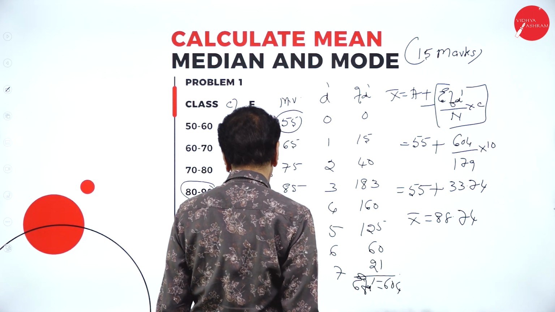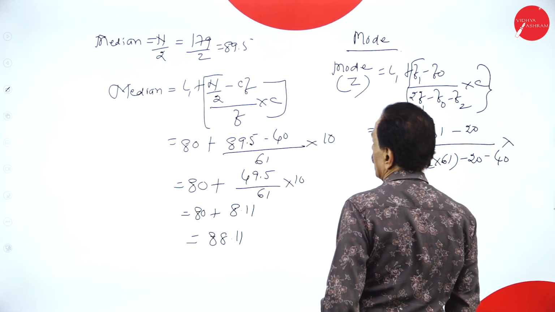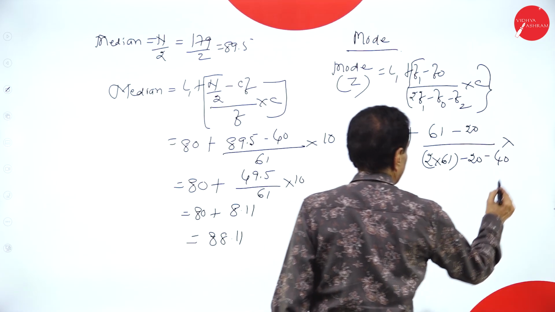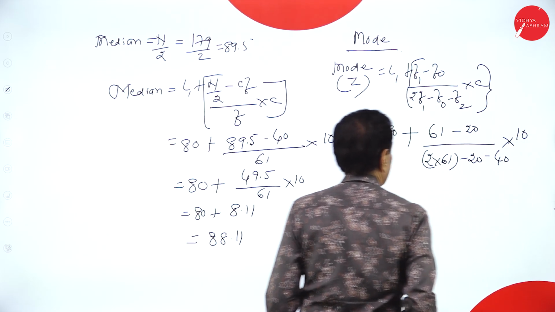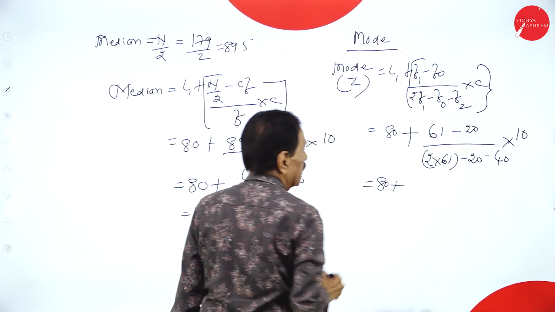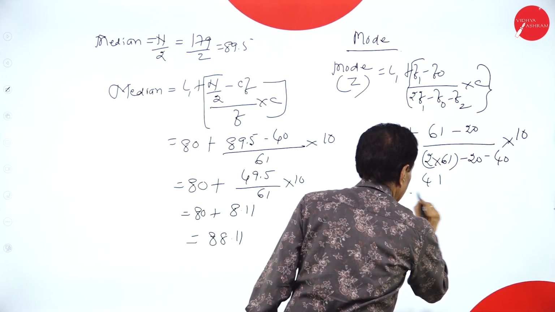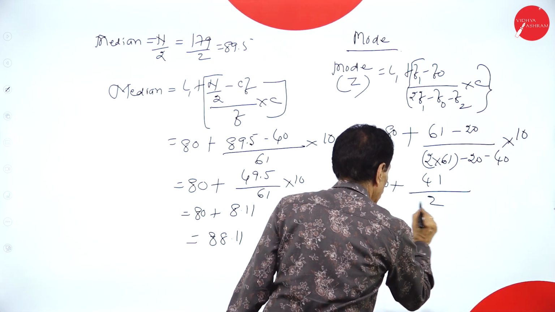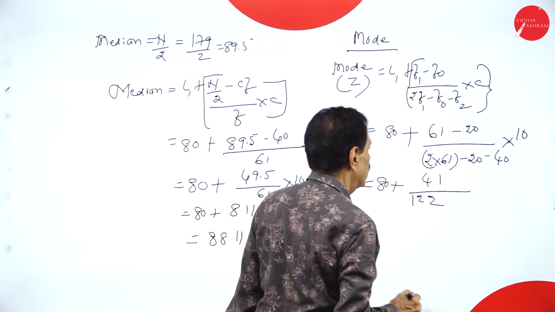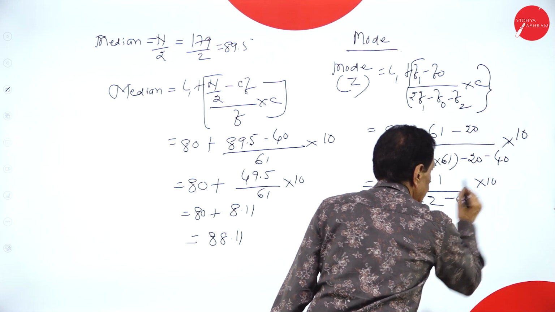What's your F2? 40, into your class interval, which is 10. Simplify. 80. 61 minus 20 is 41. 2 ones are 2, 2 sixes are 122 minus 60 into 10.